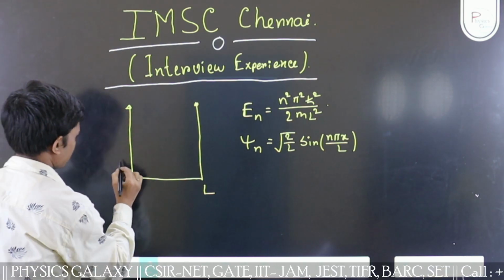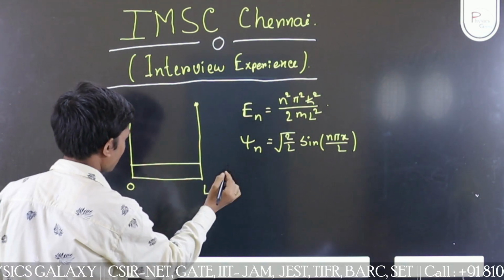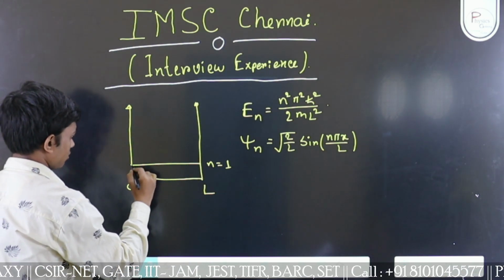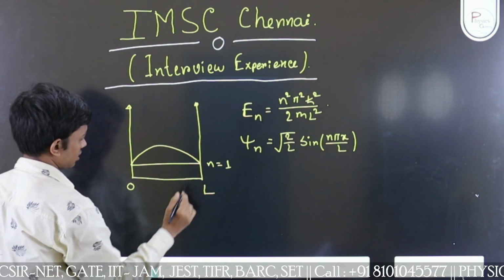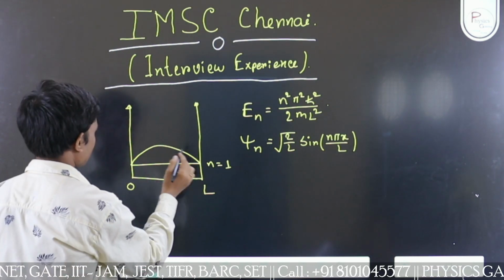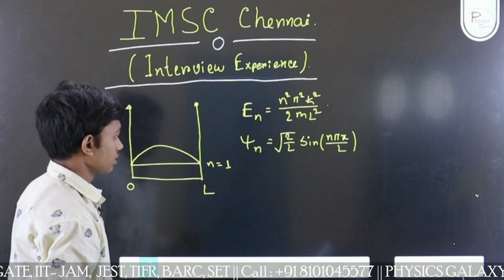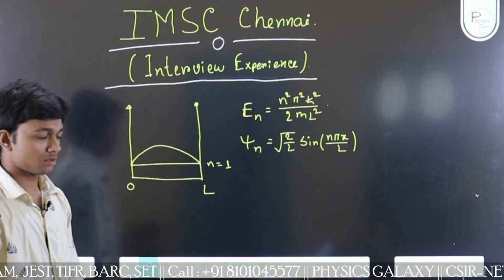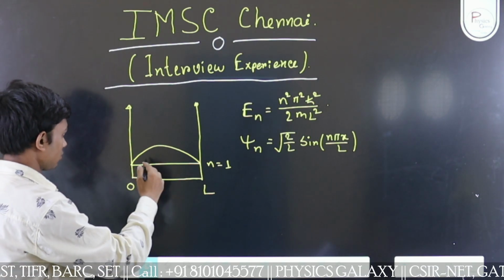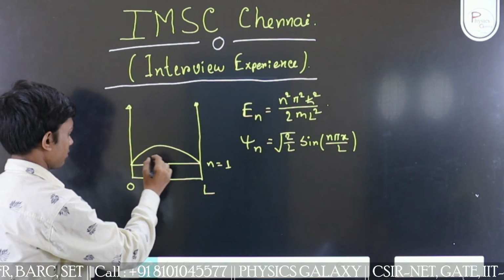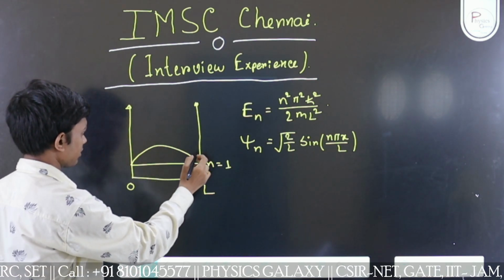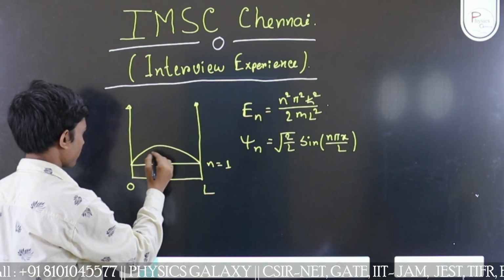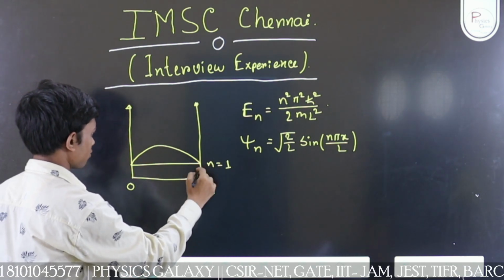Then I started. It is for n equal to 1, and the wave function was like that. The professor told me that the wave functions should be drawn in the same frame, not a distinct frame, and it was overlapping with the first one.